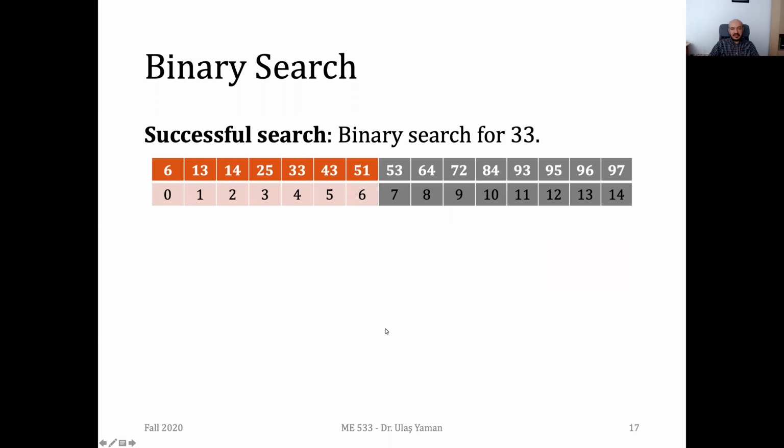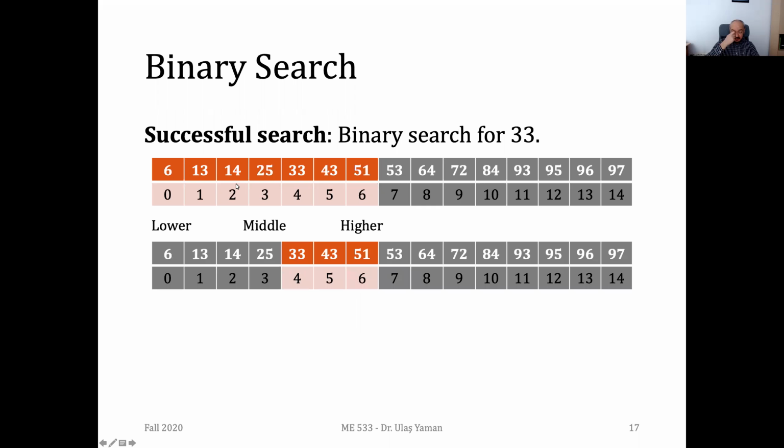And then what we do, we check whether our given number is on the left-hand side or right-hand side, and obviously 33 is on the left-hand side. So we continue dividing it into two halves: lower, middle, and higher. I can see that now my number is on the right-hand side, so I will keep this part and have another middle, lower, and higher items.